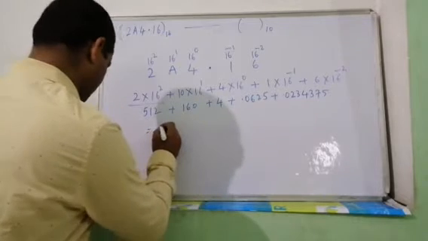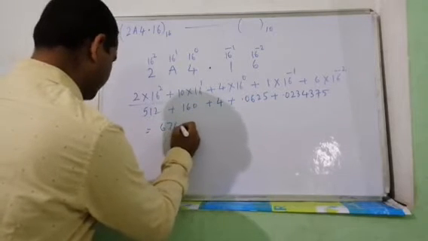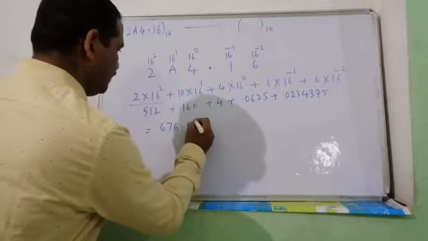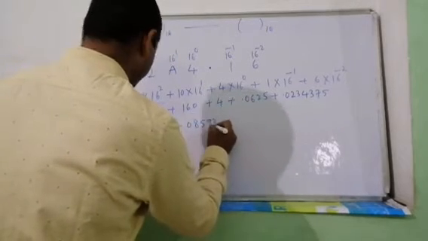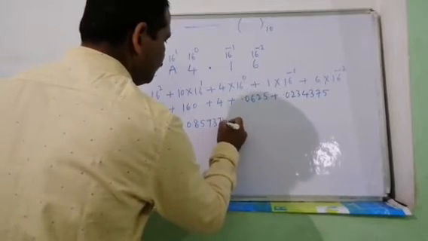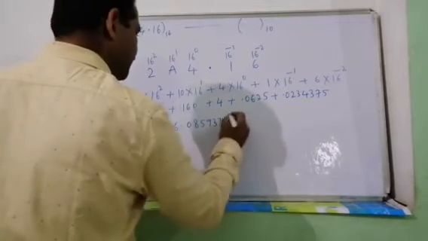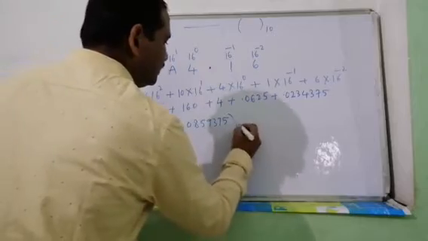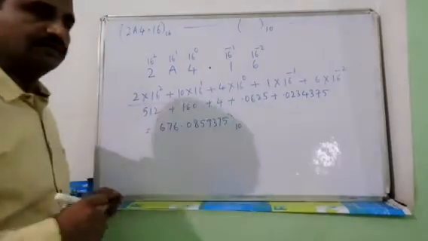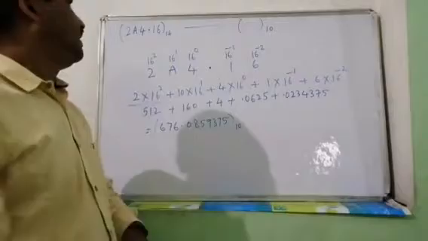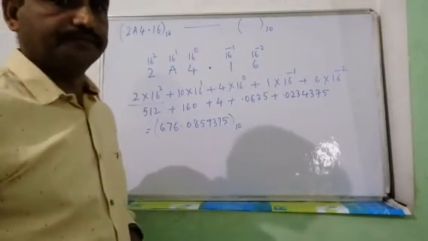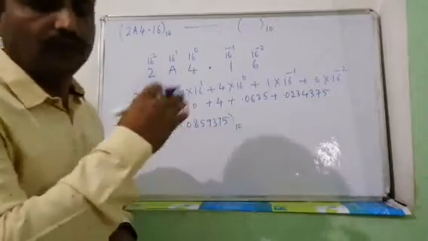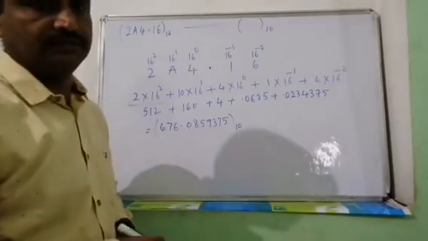It will be 676.0859375 in decimal. So this is the way to convert hexadecimal number system to a decimal number system. So in the same way we can convert many numbers.